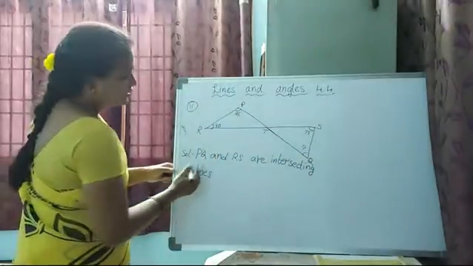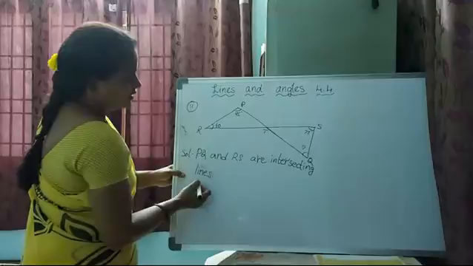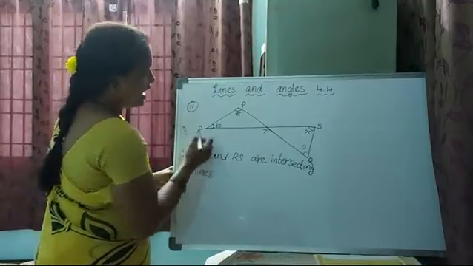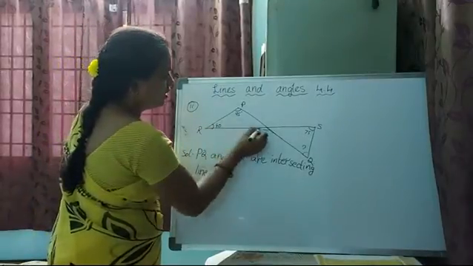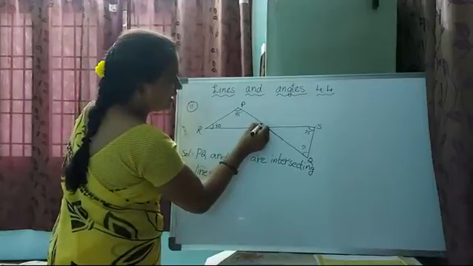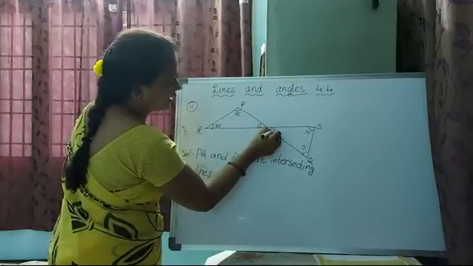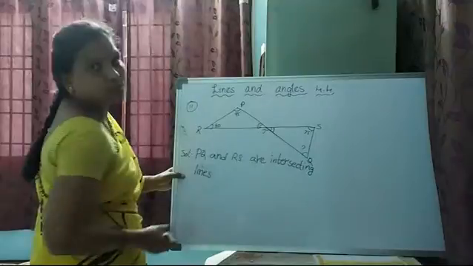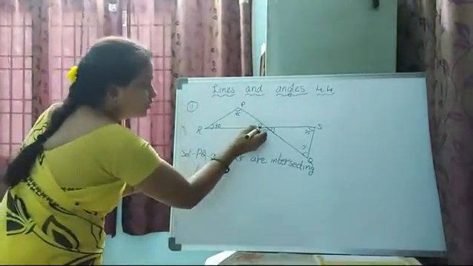If these two lines are intersecting lines, this angle is equal to this angle. Vertically opposite angles are equal.